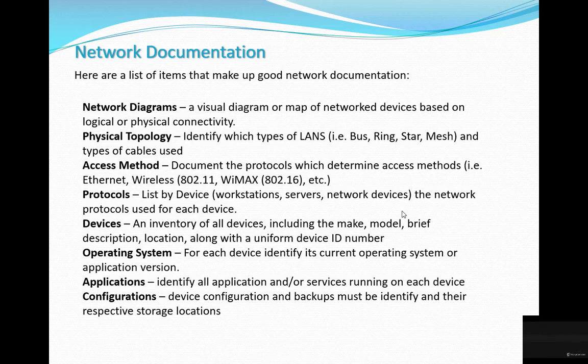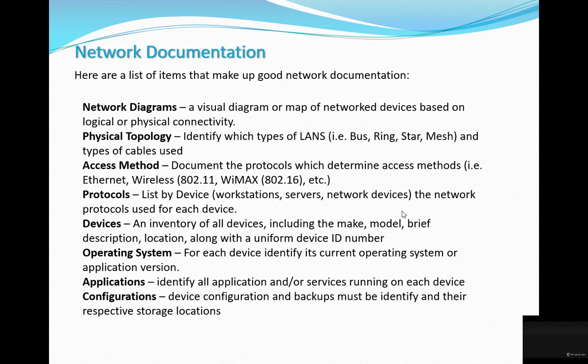Next, an inventory of all of our devices, including the make, the model, a brief description, what is it used for, what's its location, where is it, either in the building or what geographic location is this device in. You might even give it a location within a particular room within the building, or even within the rack that it's mounted in.